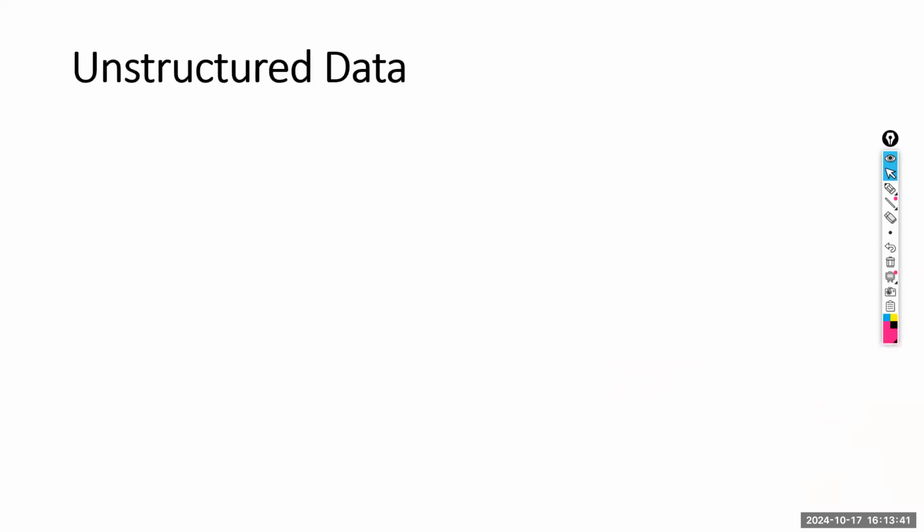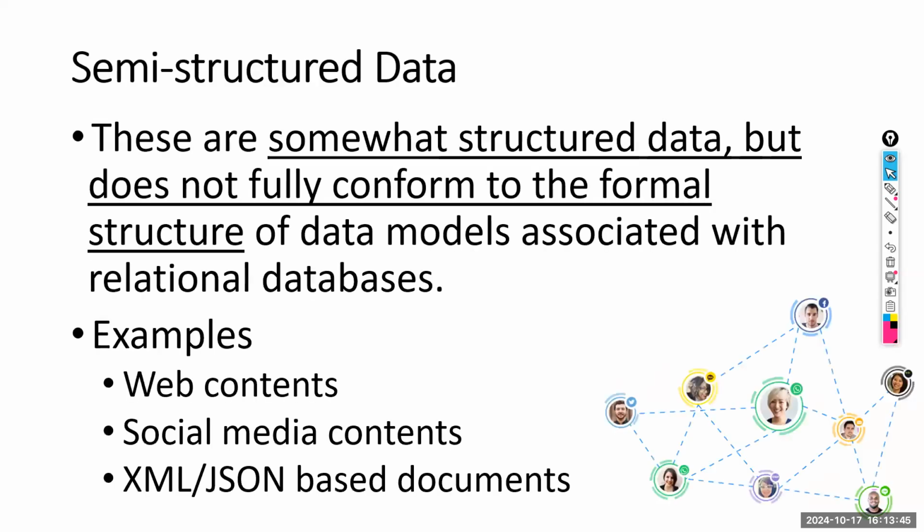And in between structured and unstructured, we have something known as semi-structured data. Again, as I told you, you can't just draw a line and say these are semi-structured. It's just our gut feeling, we can say with experience, these are more in-between data. Some web contents, some social media contents, as I told you, are more a mixture of structured and unstructured.